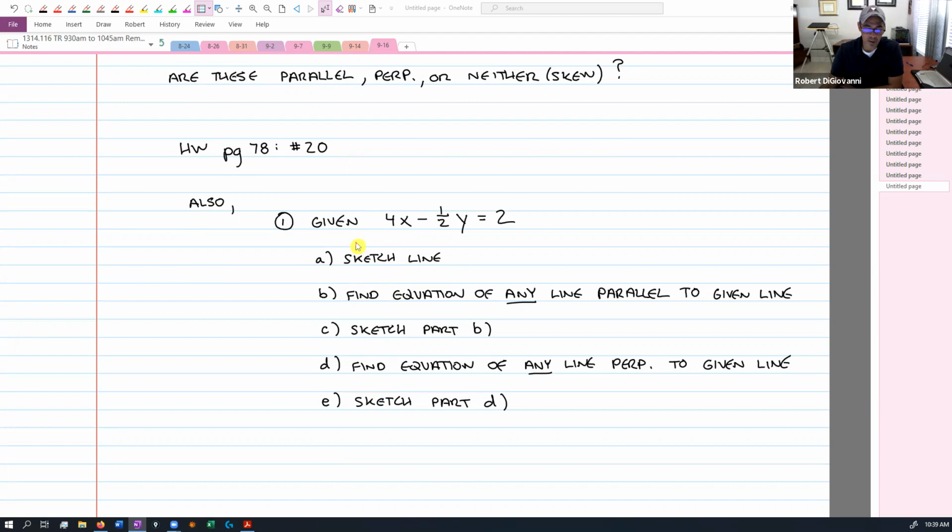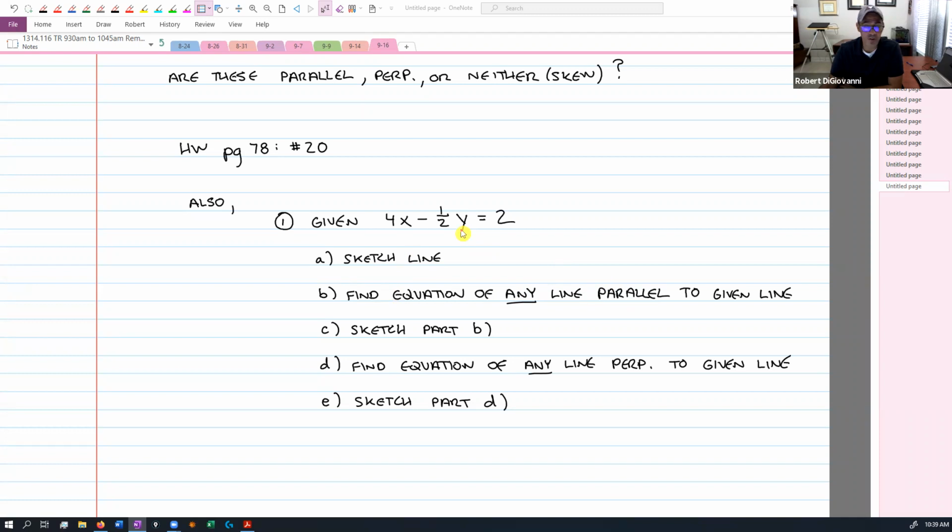I'm giving you a line, and I'm asking you to sketch it. Now, I'm not telling you how. You can use either the intercept method or the slope-intercept method. It's totally up to you. But then after you do that, I want you to find the equation of any line that would be parallel to this. So you have some freedom there.